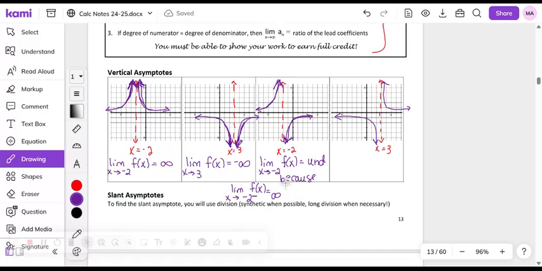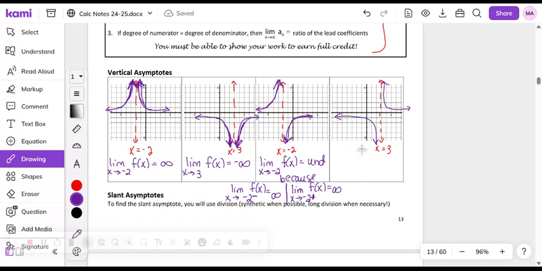And the limit as x approaches -2 from the right, or the positive direction, and notice I just put a little plus sign by the 2, of this function is positive infinity. So what we can say there is the left-sided and right-sided limits are not equal, therefore the limit does not exist.